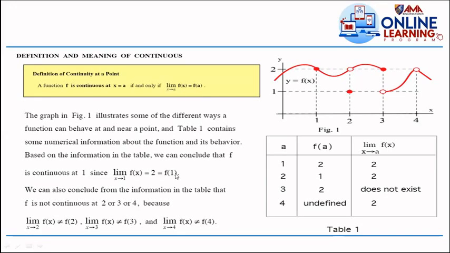Okay? So, paano po yan? Ito po siya. So, if we're going to look at our figure 1, sabi dito, the limit of the function of x as x approaches 1. So, ito na yung limit po natin. As x approaches 1, ito na siya. This is your x and y axis. This is now your function.